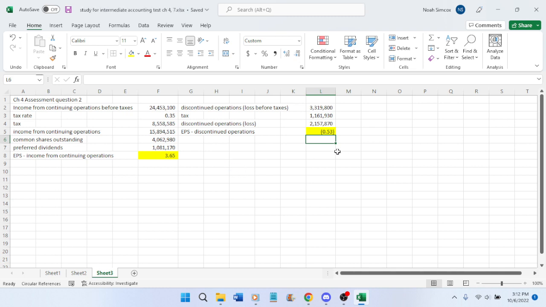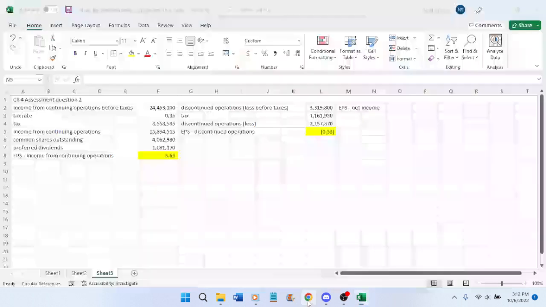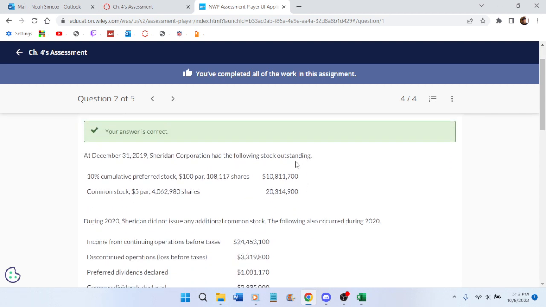And then, so net income, EPS, net income. Well, in that case, I don't have to do all the extra calculations. I did all the extra calculations before. Wait, how did I get this right originally if I didn't know I was supposed to multiply the preferred dividends by 10%? How did I get that right? There's no way I shouldn't have gotten that right originally.